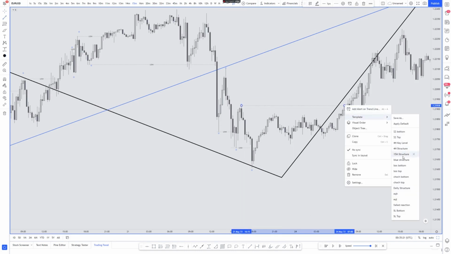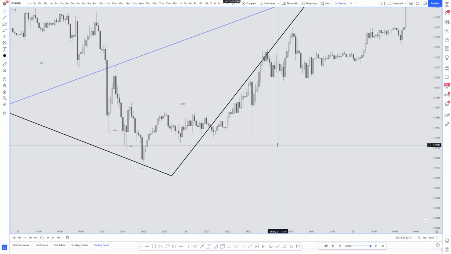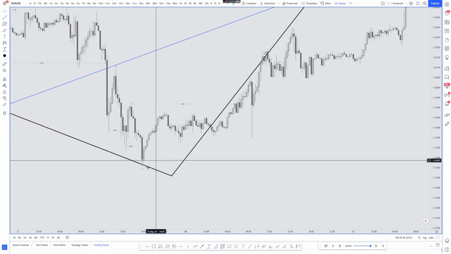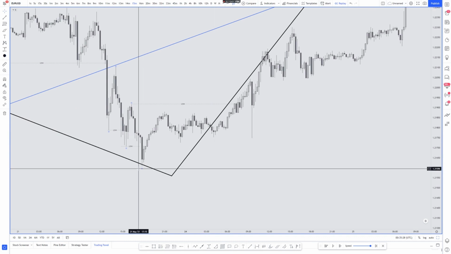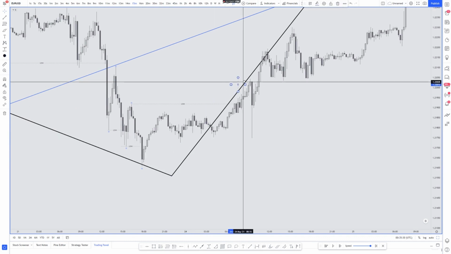And there will be times where 15 structure is really far apart and you don't have any structure for days. At times like that, you just look to see if demands are holding or supplies are holding, and it helps you out to know which way to go.